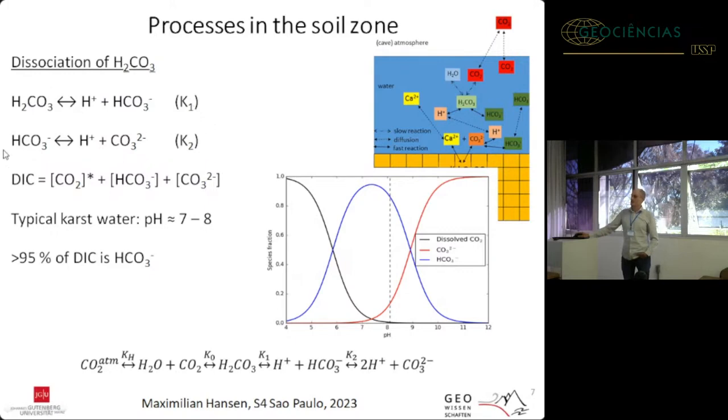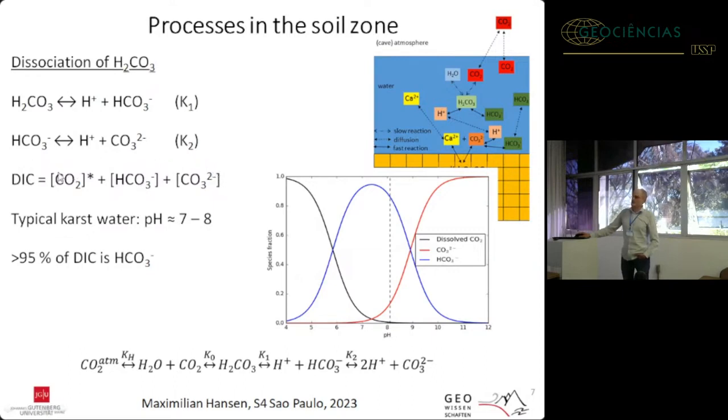In the second stage, the bicarbonate will dissociate to hydrogen and carbonate ion, which is described by this reaction constant. And the total amount of dissolved carbon in the solution is just the sum of all different species which are involved in the carbonate system: the dissolved CO2 and the carbonic acid, the bicarbonate and the carbonate.